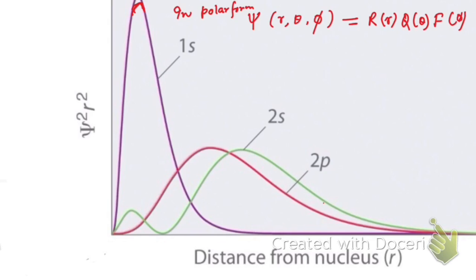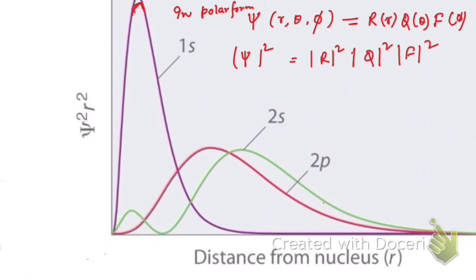In this case the probability density, this psi mod square, is given by this, right?